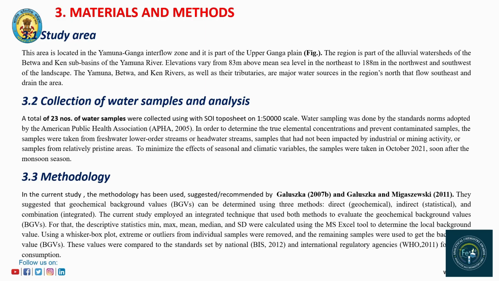They have suggested three methods: the direct method, that is called the geochemical method; the indirect method, that is called the statistical method; and a combination of both, that is called integrated. In the current study, we have used the integrated technique that uses both methods to evaluate the geochemical background values.